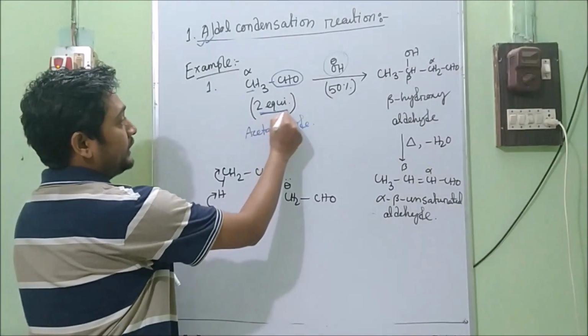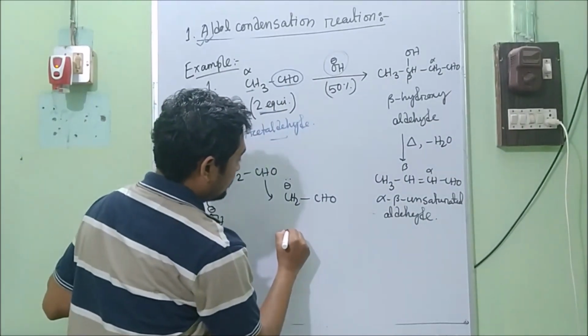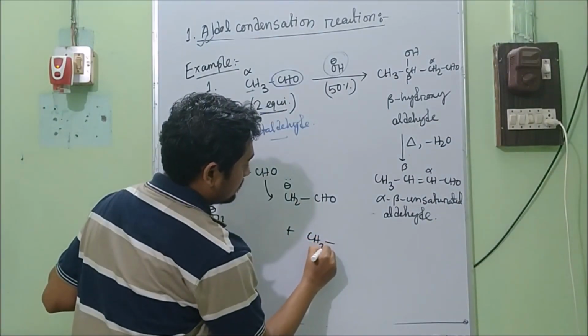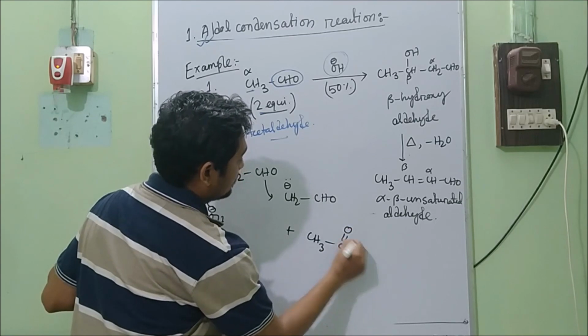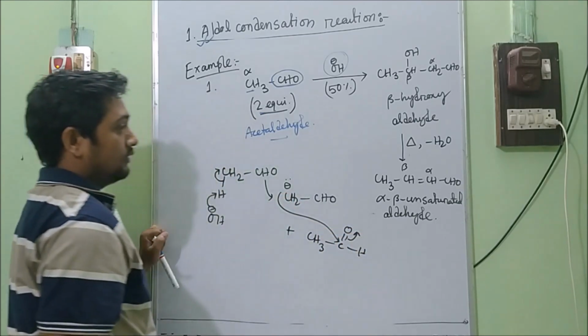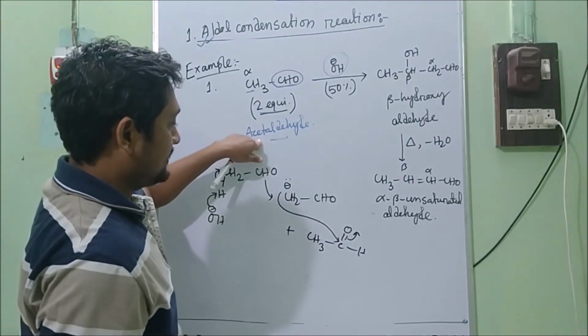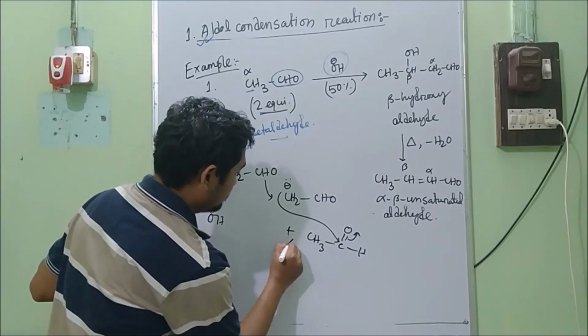Now we have taken two equivalents, so another acetaldehyde molecule should be there. This negative charge will attack this carbonyl group of another acetaldehyde molecule.